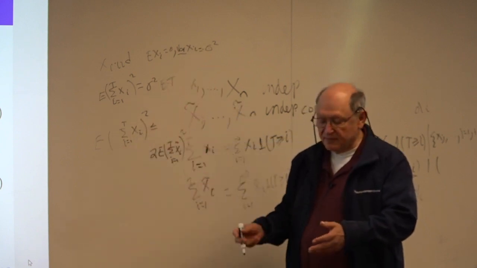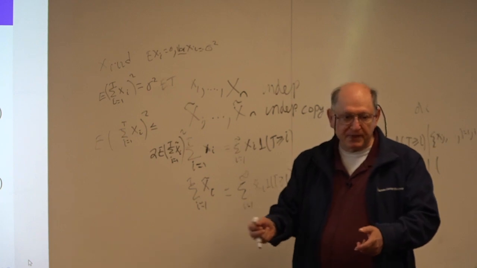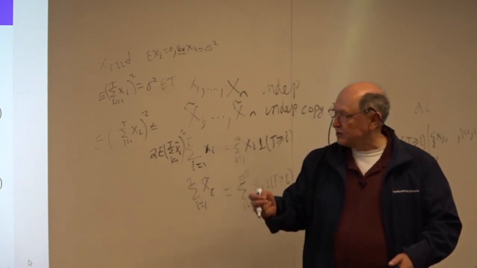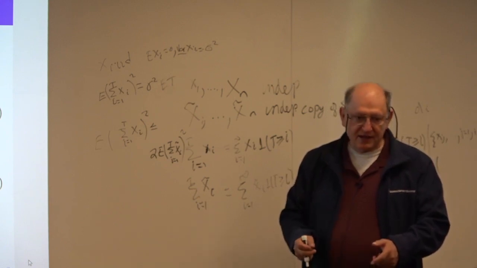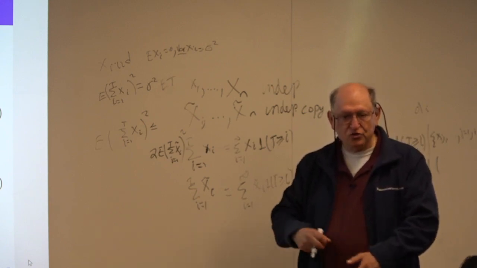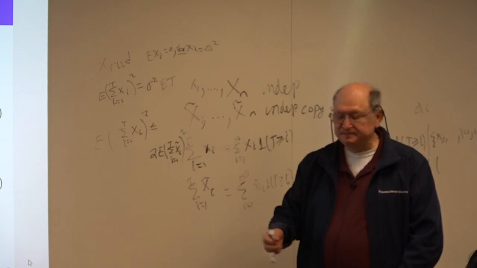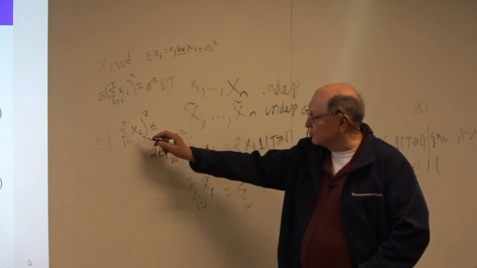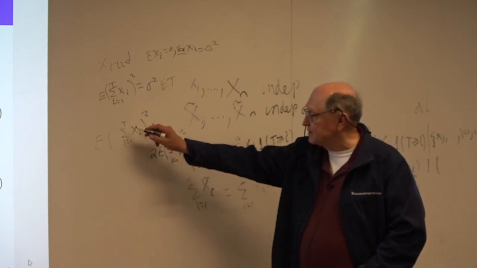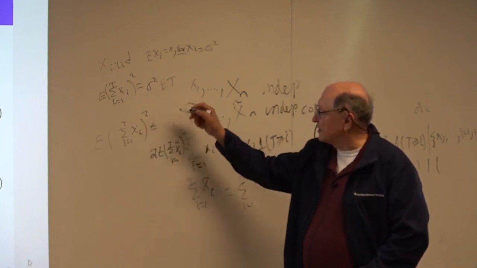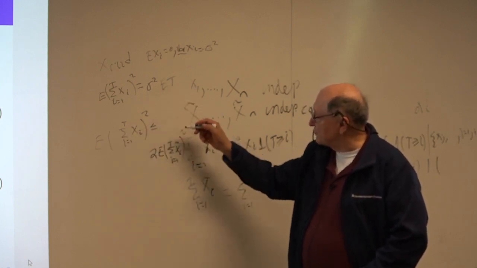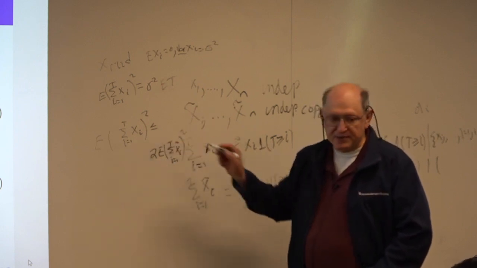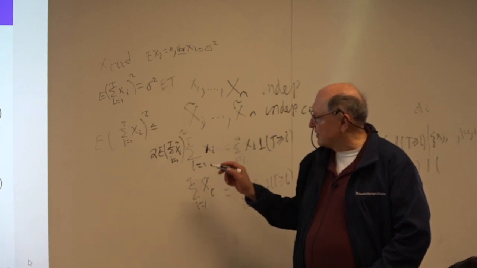It's like both you and your friend are playing the same game. You have the x's and your friend has the x tilde. You start sampling. So t is adapted to the x's, t is the stopping time for the x's, and I am using the same stopping time for the friend's sequence.